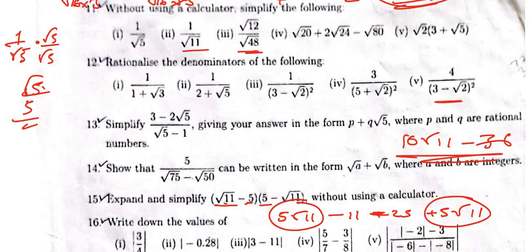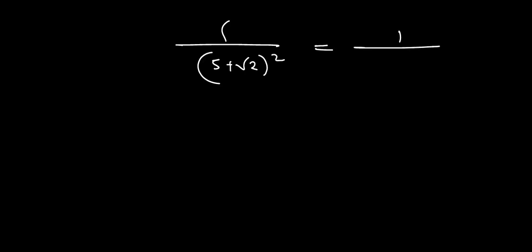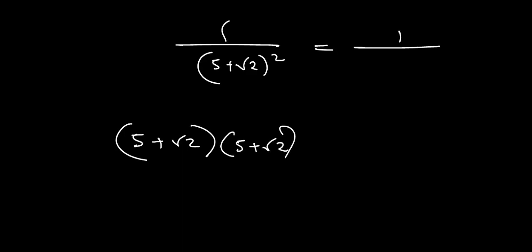Well, these are okay. You're saying this is just 1 plus root 3, right? Even this one. Now these ones here, the down part, there's a 2. So if you have, let's say, 5 plus root 2, then there's a 2 there. So we say expand the bottom part first. You have 5 plus root 2 and another 5 plus root 2. Solve it first.